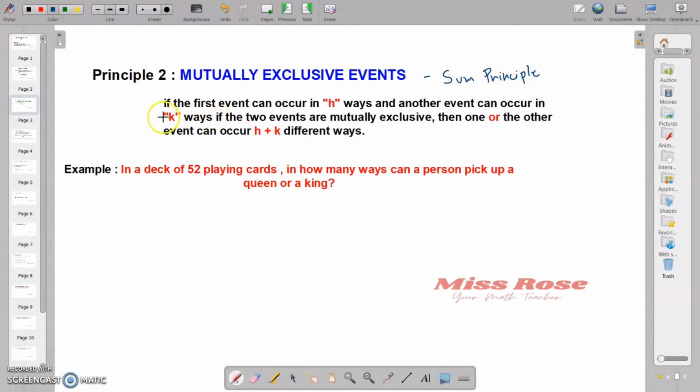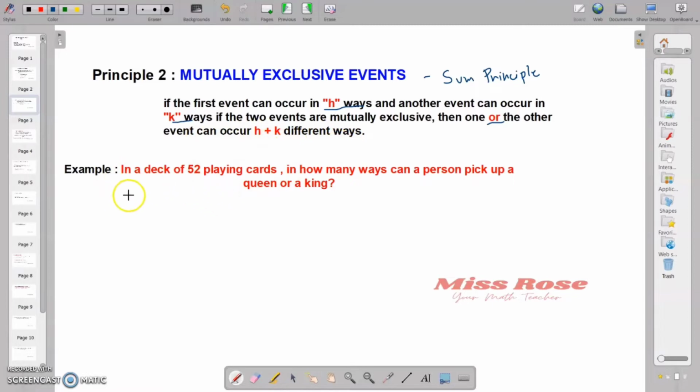So if the first event can occur in h ways and another event can occur in k ways, and the two events are mutually exclusive, then one or the other event can occur in h plus k different ways.